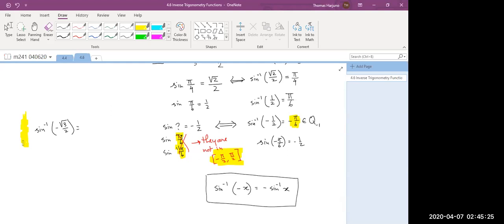Pi over 3. So sine of negative pi over 3 gives us negative radical 3 over 2, right? And negative pi over 3 is in the restricted domain. So the answer here will be negative pi over 3. Okay?